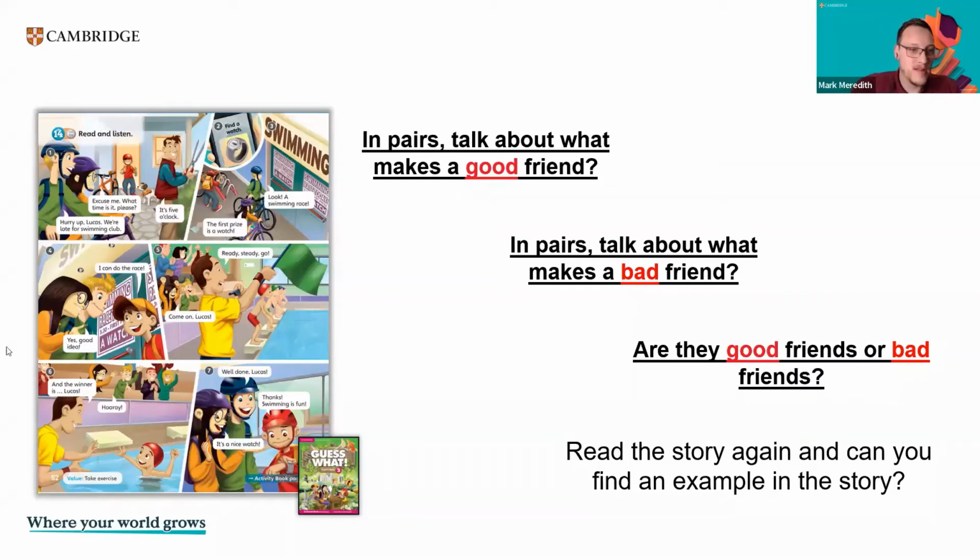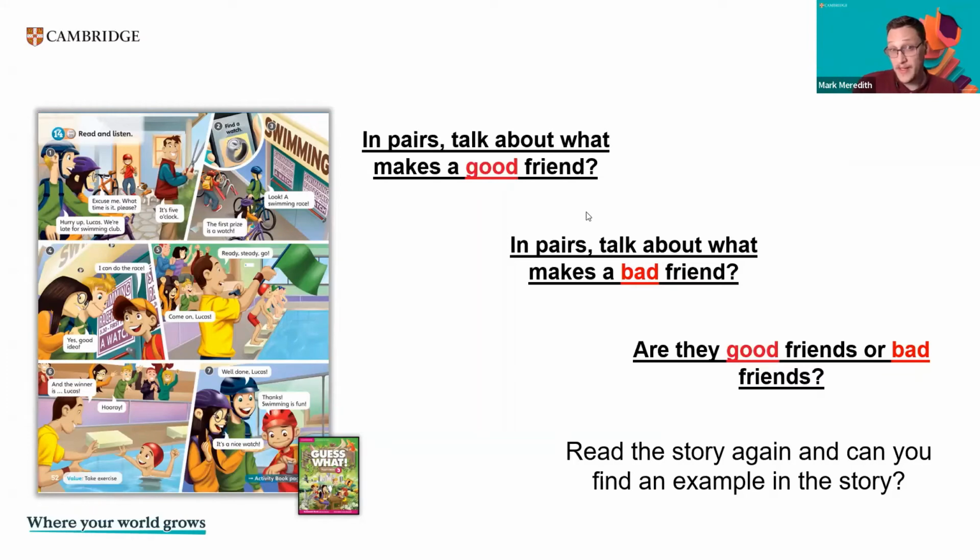For those of you who haven't read the story, it's about a young boy called Lucas who goes swimming, and his friends go to cheer him on and support him at his swimming meet and compliment him on his watch. So there's a nice moral in that story, and a value there, which is take exercise, and the sub value is also about being a good friend. Again, thinking about the social responsibilities and how our actions support each other.